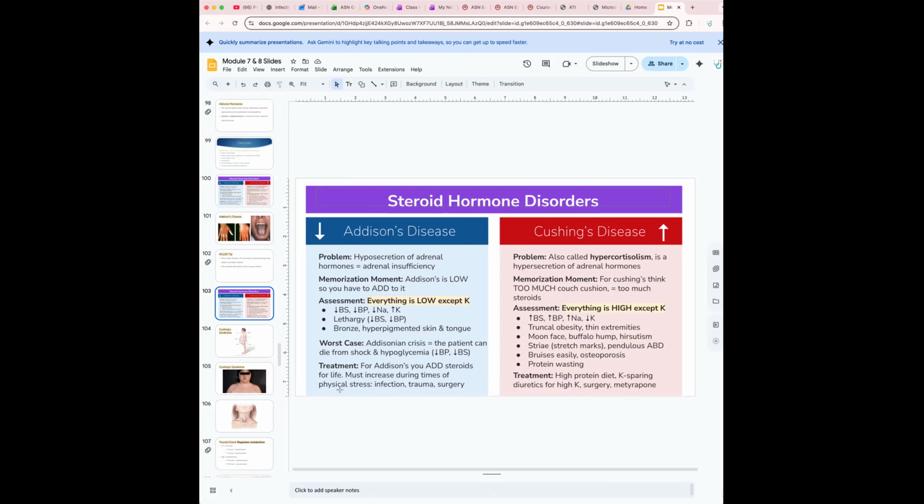So when did it say to increase? You must increase the steroids during times of physical stress. So what are the examples here? Infection, trauma, surgery, physical stress. So now let's go back to the question.